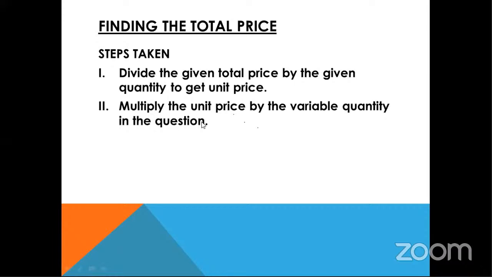The variable quantity is the quantity which they have asked you to find. In the first one, 2 kilograms cost 4,000. You first divide 4,000 by 2. So the variable quantity becomes 3 kilograms. You now multiply 3 kilograms by the unit price that you have got. So that is point number 2.